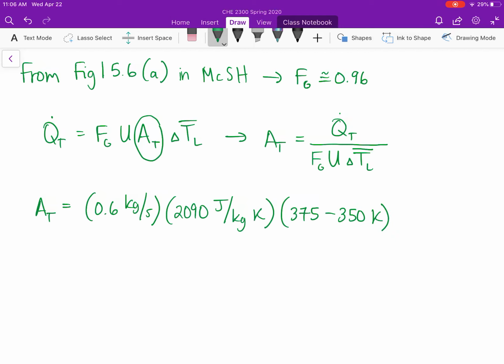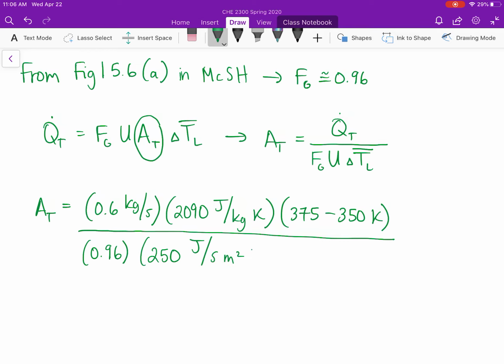Okay, that's going to give us the rate of heat transfer divided by our correction factor of 0.96, our overall heat transfer coefficient of 250 watts per meter squared Kelvin, and then the log mean temperature difference.